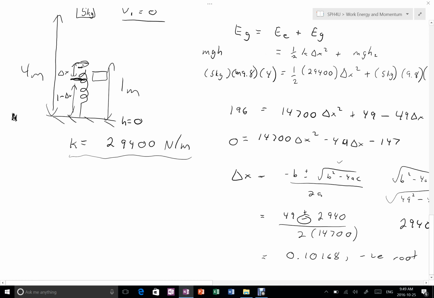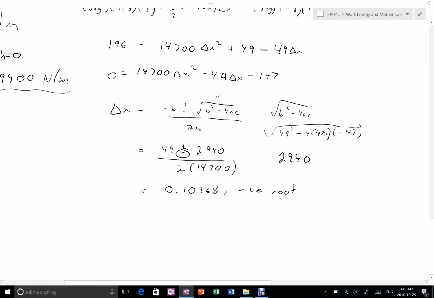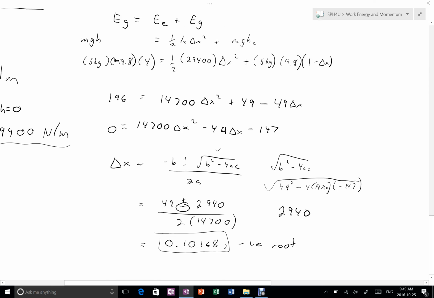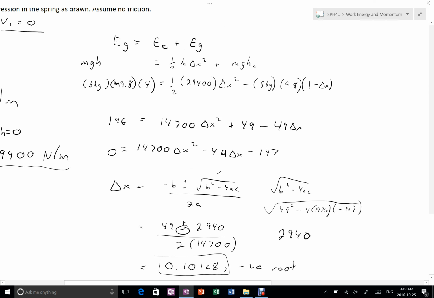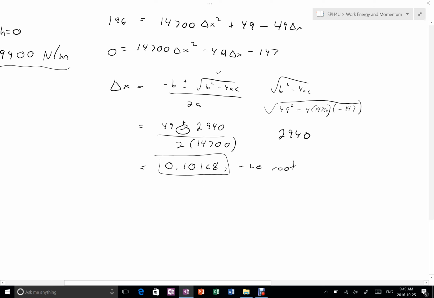Again, when I put it in here, I called this 1 minus delta x. This delta x I've treated as if it's a positive entity. So when I did this quadratic equation, I didn't have to worry about the negative root. So here's my answer. That's how much my spring got compressed when this gravitational potential energy got converted into some elastic energy and some gravitational energy.